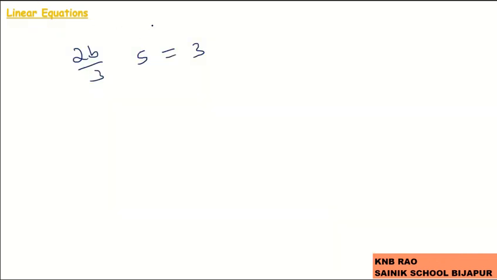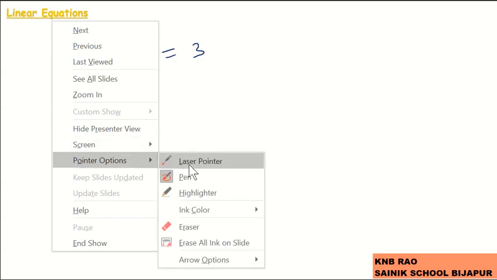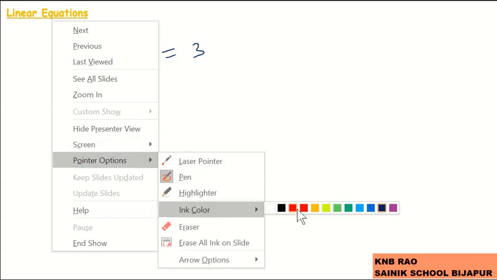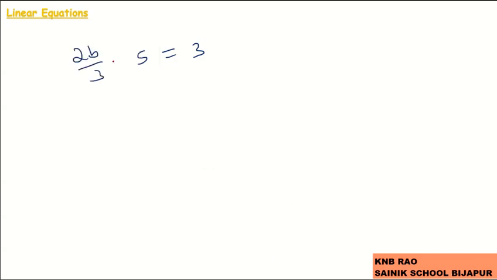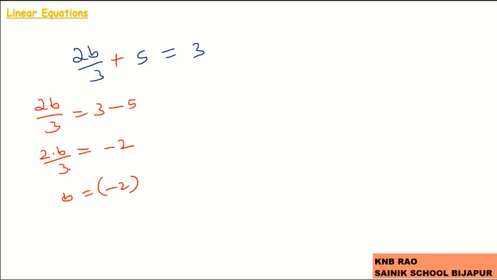Suppose here I have, let us say, a plus sign. Then 2b by 3 plus 5 equals 3. This 5 is an addend; if it is transposed to this side, it becomes a subtrahend, and 3 minus 5 results in minus 2. So 2 into b by 3 is minus 2. Now b equals minus 2, with the RHS already there.